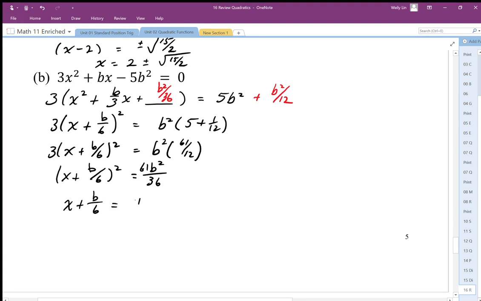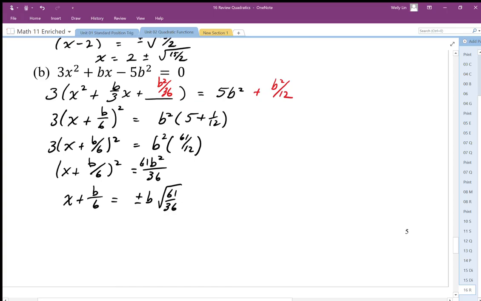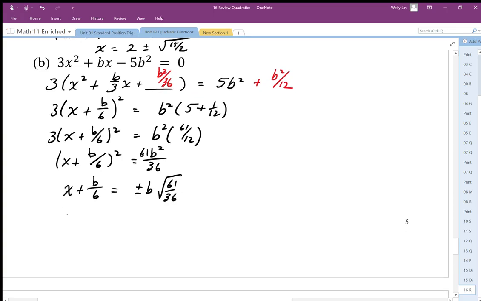So I get plus minus b square root 61 over 36. Now you can take that 36 out if you like. And then I get x is equal to negative b over 6 plus minus b root 61 over 6.